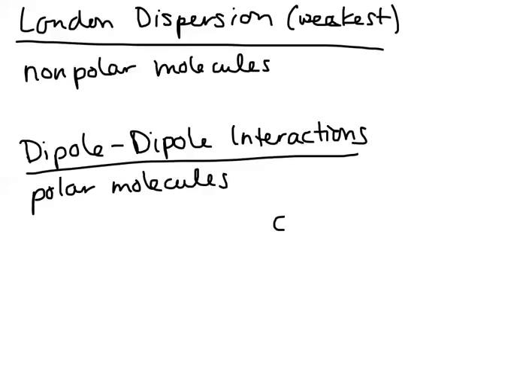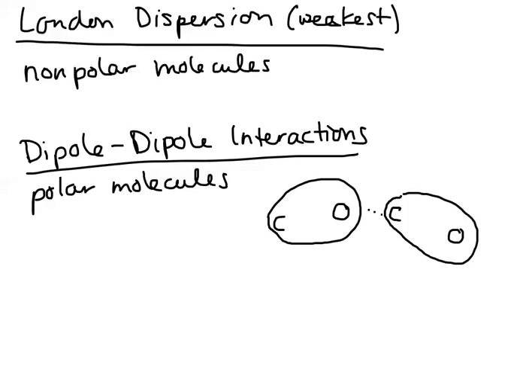So if you have carbon monoxide, once again, the oxygen end is going to be a little more negative, and the carbon end is going to be a little more positive. So this positive is going to be attracted to this negative, and so on down the line.